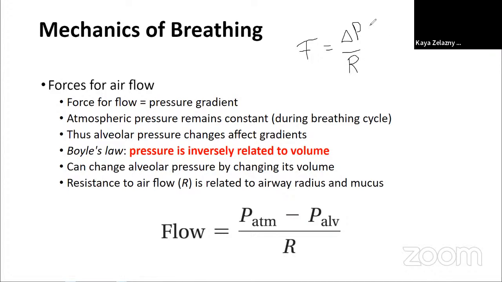In this case, our difference in pressure, instead of thinking about arterial pressure and venous pressure, is now our atmospheric pressure and our intra-alveolar pressure that we're interested in. So that's now going to be our pressure difference here. And that's all this equation at the bottom is saying. We could take our atmospheric pressure and subtract our alveolar pressure to get our pressure gradient. And eventually, when we start talking about different conditions, we'll also talk about resistance.